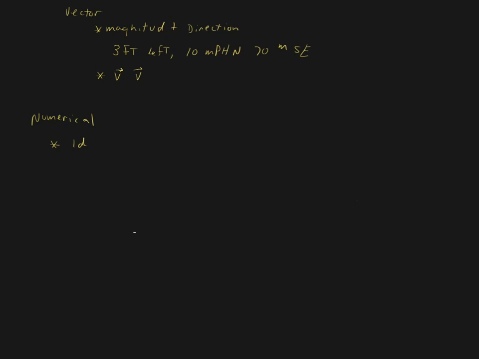So in math, we distinguish the difference between up and down, left and right, in and out by using positive and negative. There are no hard rules on what is positive and what is negative. We have what we call a sign convention.